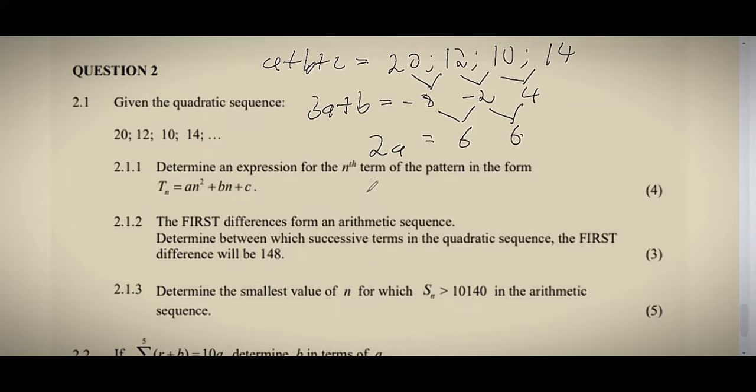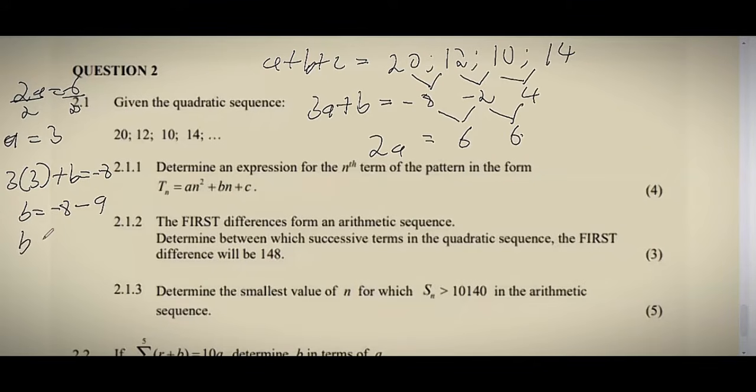So to calculate the value for a, that's 2a equals 6, divide both sides by 2. My a value is 3. To calculate the value for b, that's 3 times 3, then plus b equals -8. So b equals -8 minus 9. 3 times 3 is 9, remember? If we transpose it over, that's -9. So -8 minus 9, that's -17.